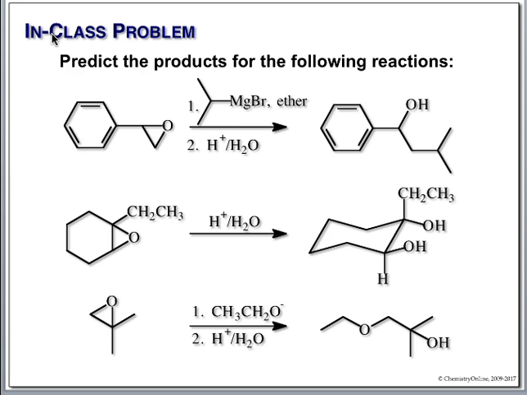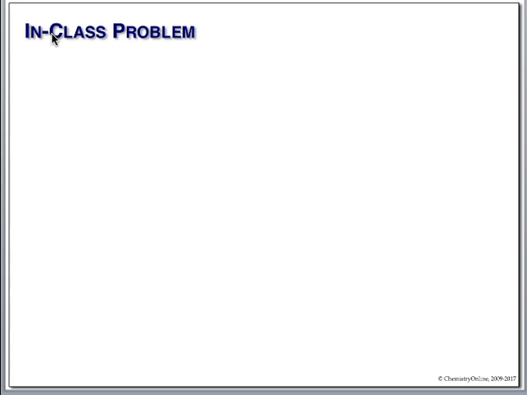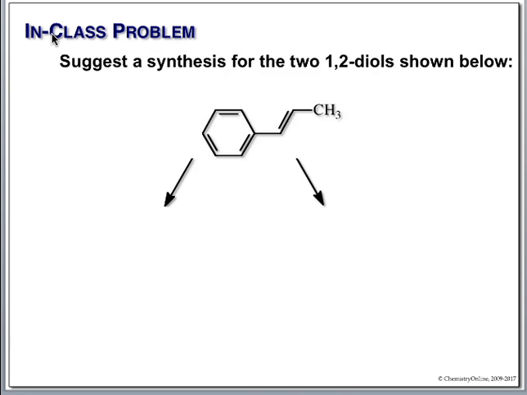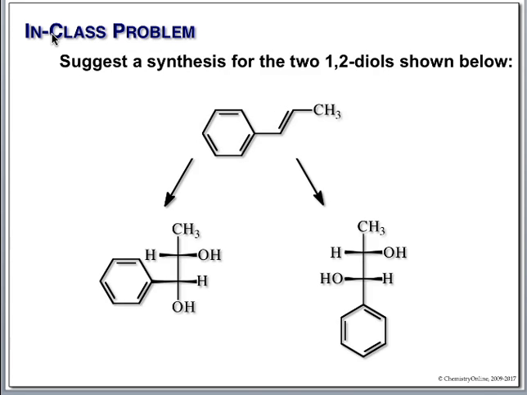All right, this next problem is actually straight off of an old 235 exam. It was the final exam, to be honest. Here we have an alkene, and we have two 1,2-diols.